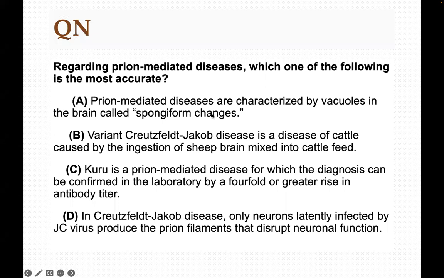But if the mutation appears on the normal somatic cells, then it's the sporadic form, and this one cannot be transmitted to another generation. It's just in that particular person. I hope that makes sense.